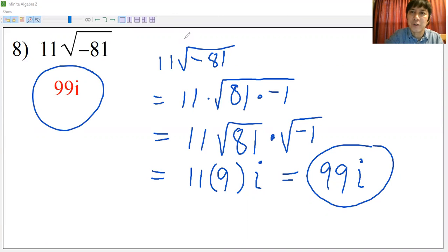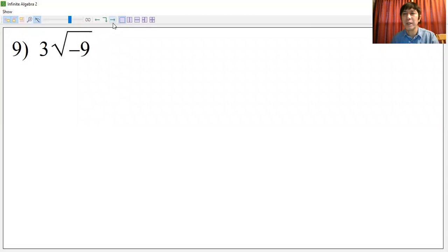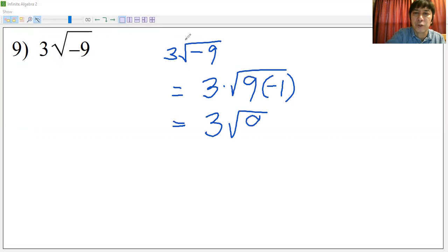Next is number 9. Number 9 is 3 times the square root of negative 9. Simplify 3 square root of negative 9. This is equal to 3 multiplied by square root of 9 times negative 1. We can now split this into two square roots. And 3 remains 3.